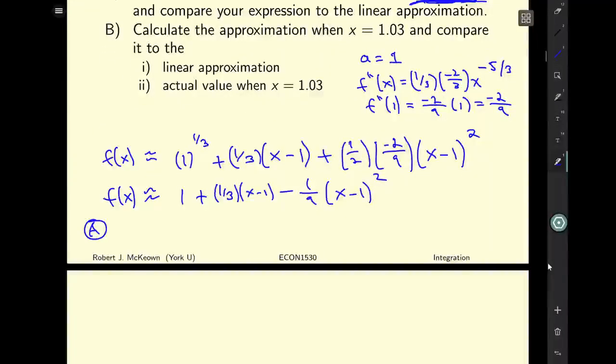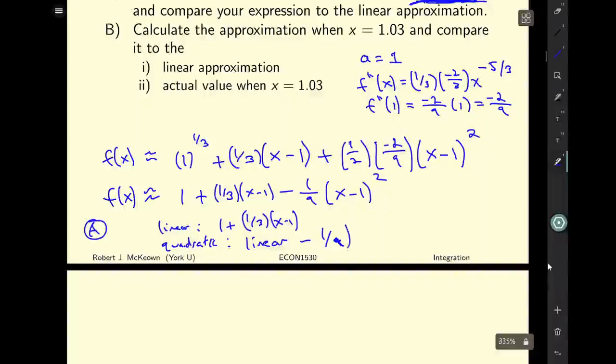The linear approximation would be 1 plus 1/3 times x minus 1, and with the quadratic we have essentially the linear expression plus, in this example it's a minus, 1 over 9 times x minus 1 squared.